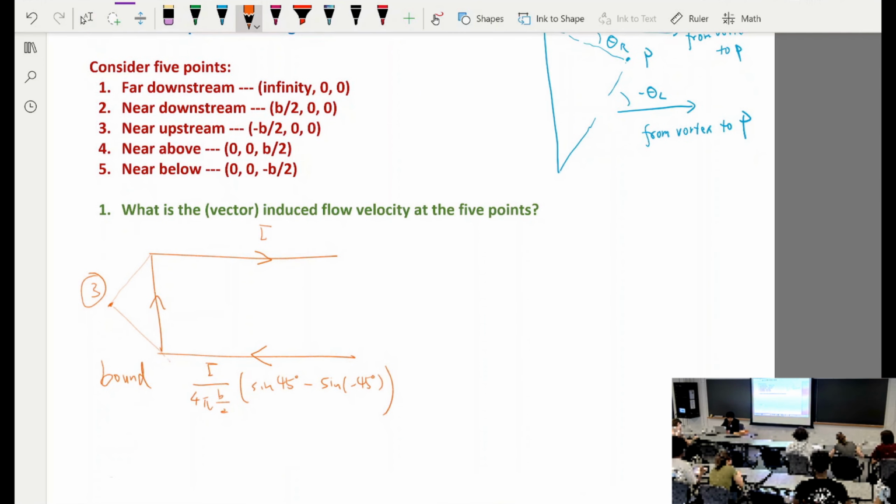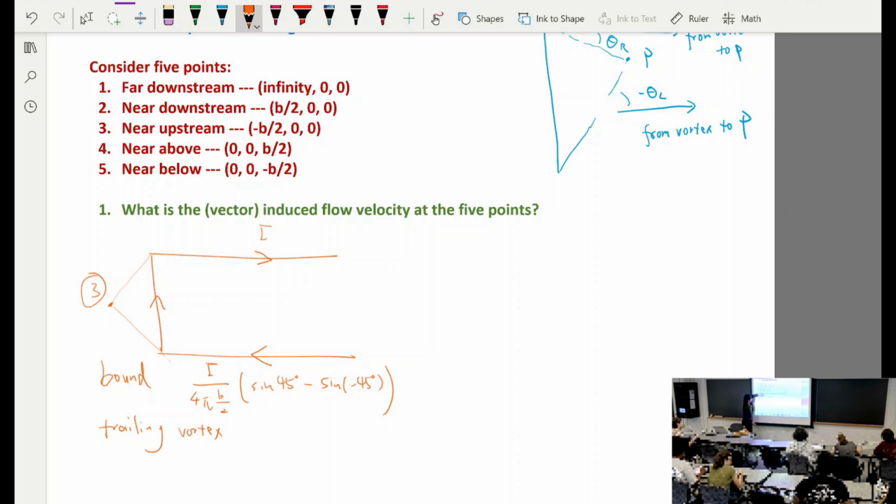Now from the trailing vortex, it's different. Intuitively, the effect of this trailing vortex should be more or less than if the trailing vortex extended all the way from here, as in the previous case? Should be less, right?